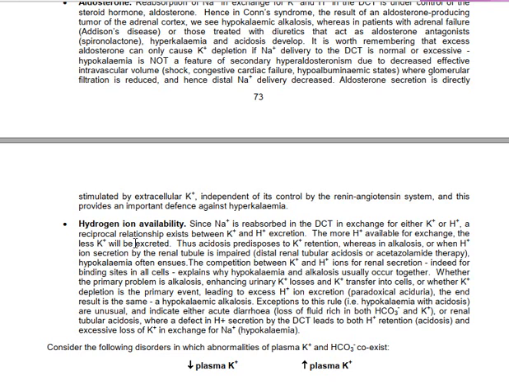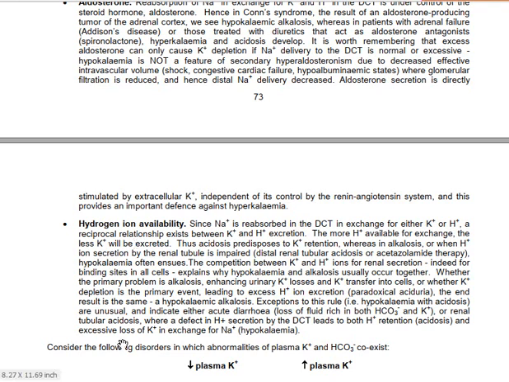Is it clear? But when you have alkalosis, what is it going to do? The potassium is going to be excreted more than the hydrogen ion, because the hydrogen ion is trying to be conserved in the body. So patients who have alkalosis have hypokalemia.